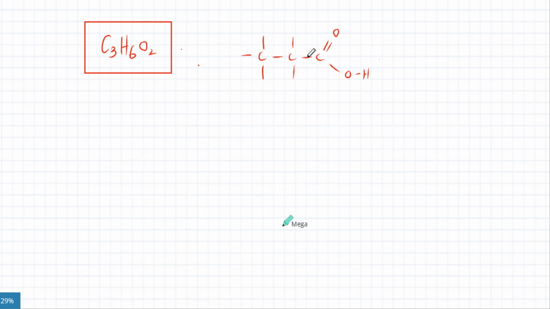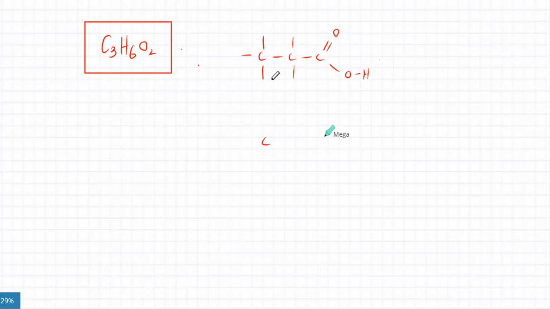So first thing, I'm just going to start making any sort of random changes to this molecule, as long as I've got 3 carbons, 6 hydrogens, and 2 oxygens. So what can I do with this molecule? I can put the OH group at some other position. So maybe this molecule. Think of it as breaking something off somewhere else and putting it somewhere else.